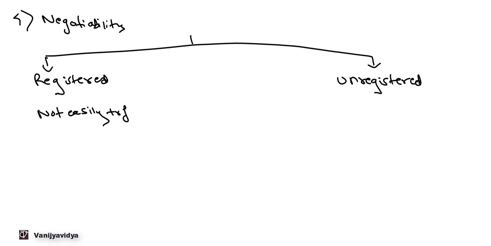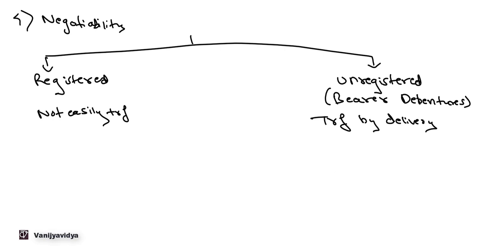In case of unregistered debentures, they are also known as bearer debentures. They are not registered with a specific holder, so they are transferable by delivery, delivery of the bond certificate. They can be transferred from one person to another, and the final amount is payable to the holder of these debentures.